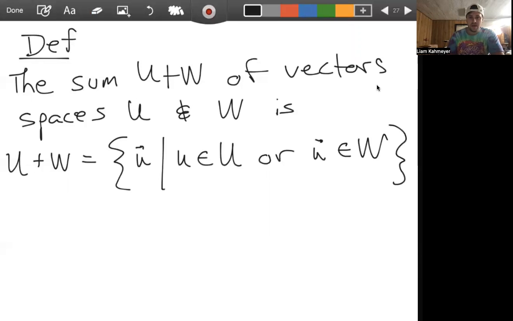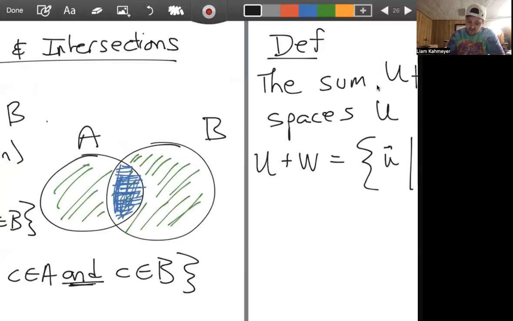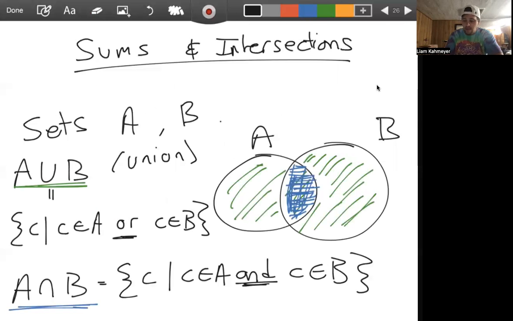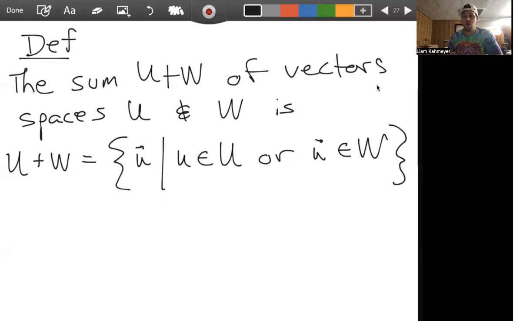So the sum is basically, you think of it as the union, but we call it the sum because we have an addition operation defined on vector spaces now, right? And so now we're thinking of the sum as being the sum of two vector spaces, not necessarily just the union of two sets with no underlying structure on them.